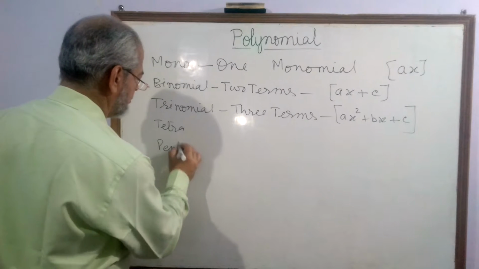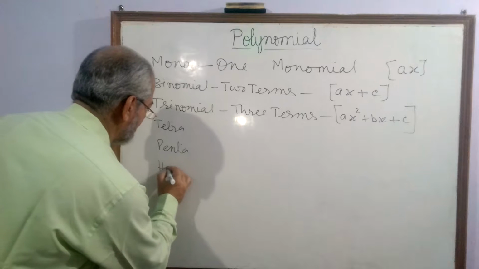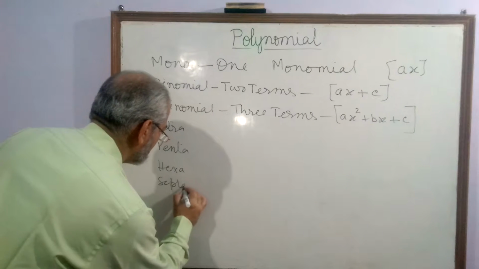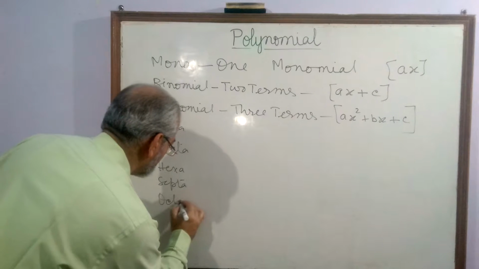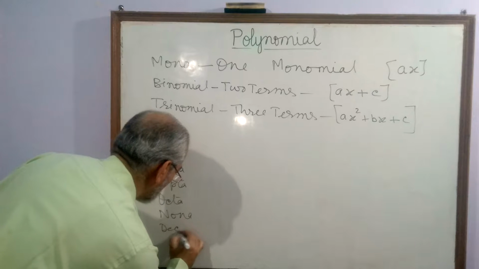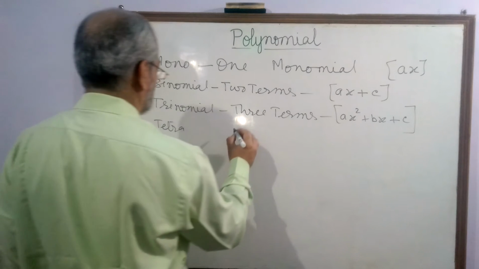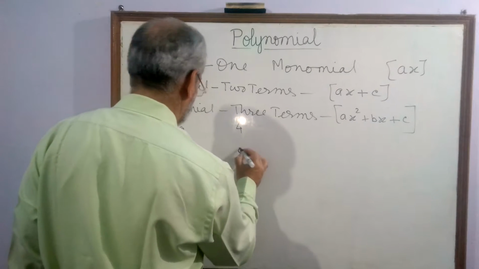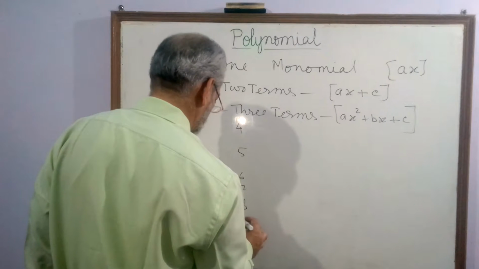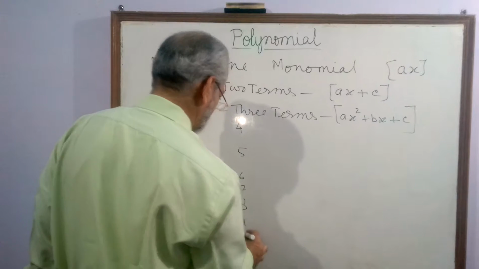Tri, tetra, penta, hexa, septa, octa, nona, and deca. That means 4, 5, 6, 7, 8, 9, 10.